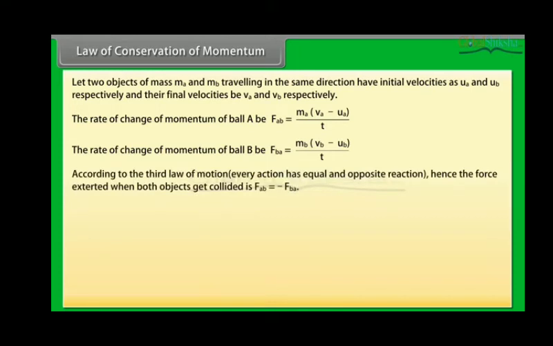According to the third law of motion, every action has an equal and opposite reaction. Hence, the force exerted when both objects collide is FAB equal to minus FBA.